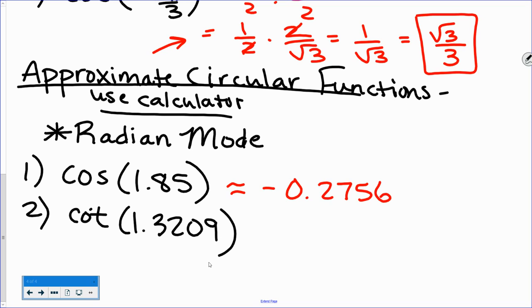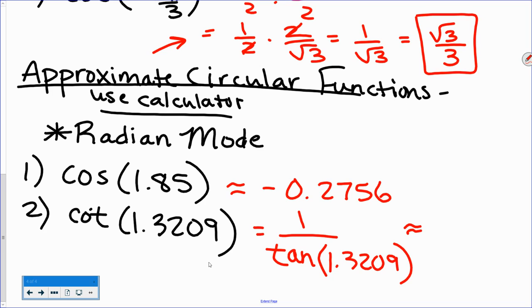All right, very typically, but I mean, it can really be many things. All right, to calculate this, I must use cotangent's reciprocal function, which would be tangent. So 1 over tangent of 1.3209. Type that in if I'm in radians. I went to 4 decimal places again. So 0.2552.